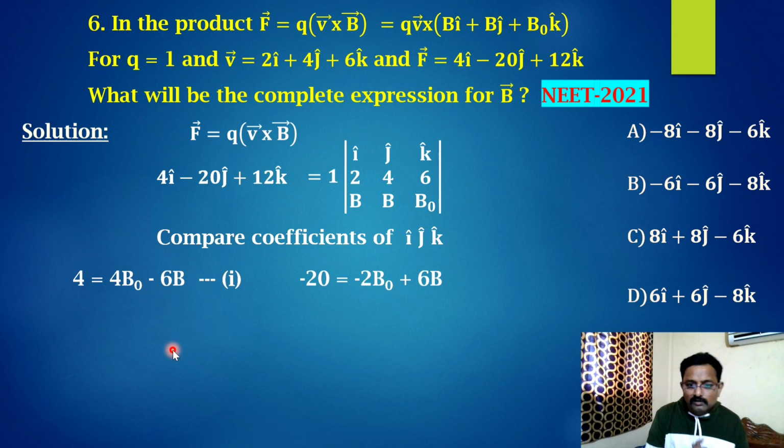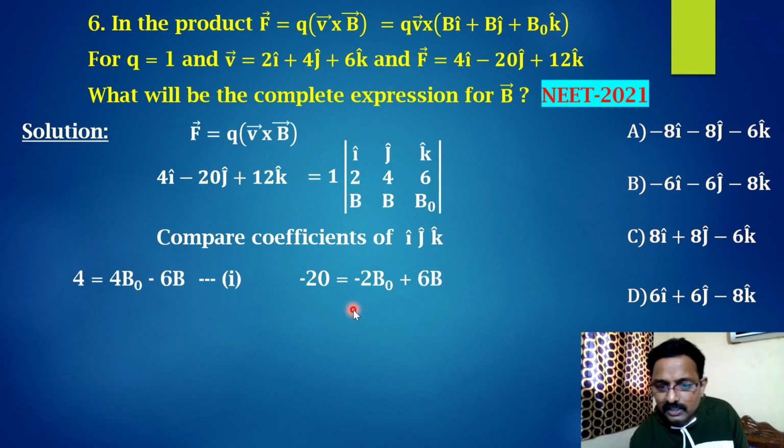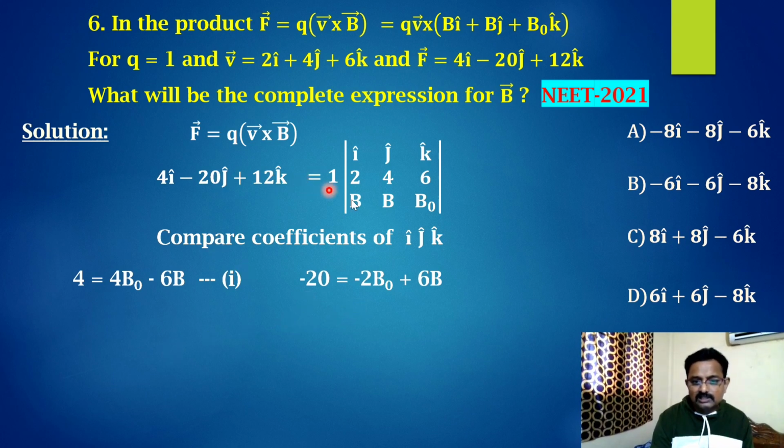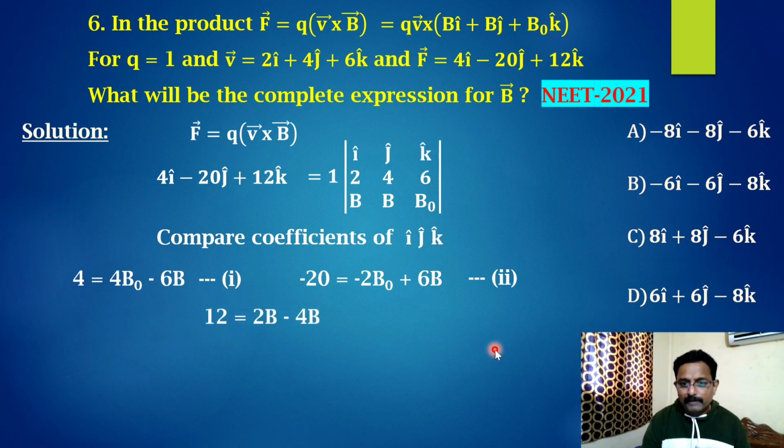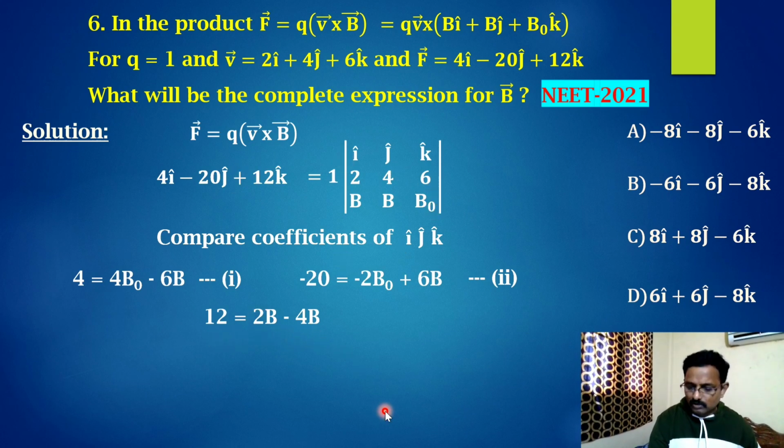If we compare coefficients of j for both LHS and RHS, we will get minus 20 is equal to minus 2B naught plus 6B, that is equation 2. For coefficients of k, we will get 12 equal to 2B minus 4B, that is equation 3.